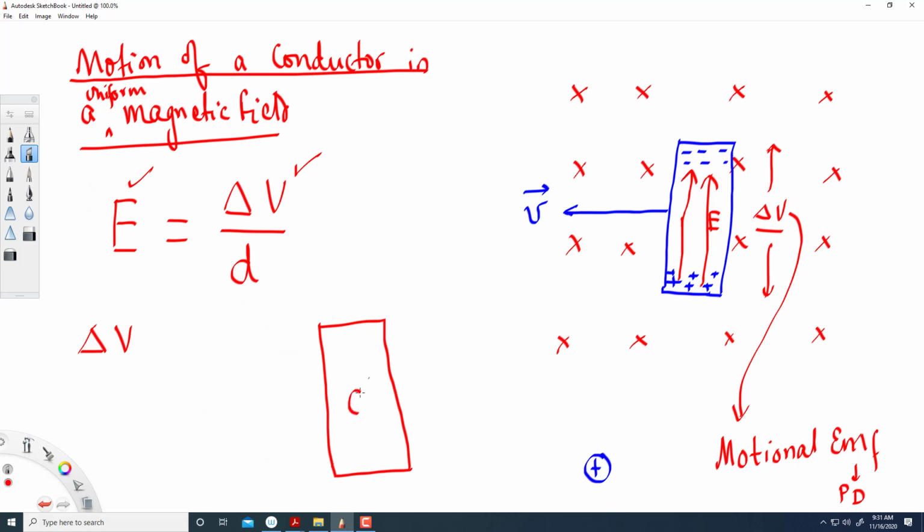So, let's consider this positive charge. This positive charge will feel two forces. Can you guys think of what those two forces are? We have this rod in a magnetic field. This one feels two forces.